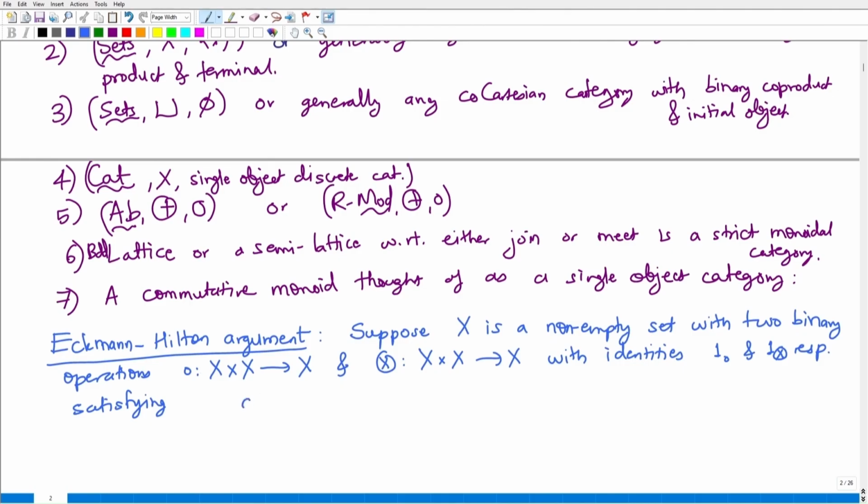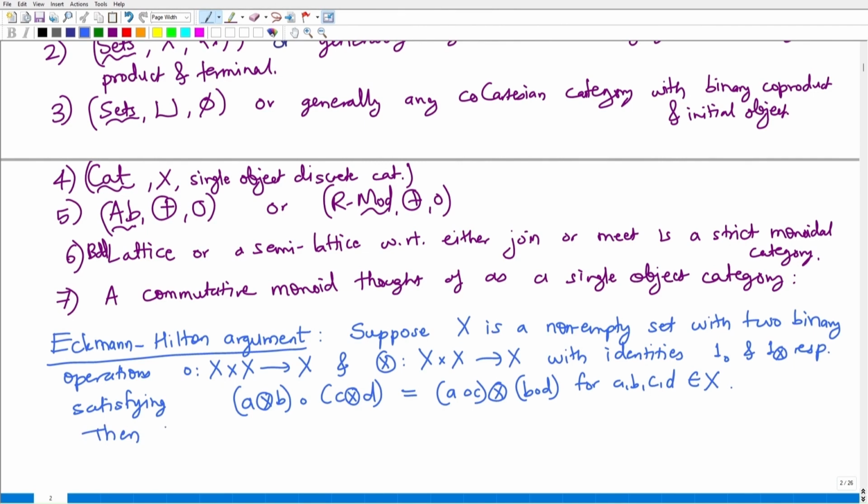What is the transfer law? That (A tensor B) composed with (C tensor D) is equal to (A composed with C) tensor (B composed with D) for A, B, C, D in X. Then both the operations coincide and this unique operation is commutative.